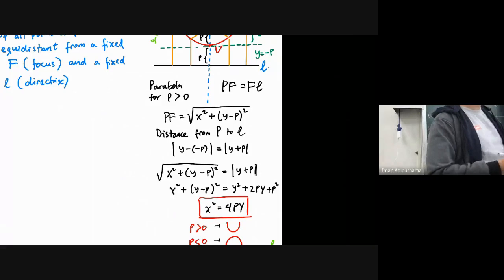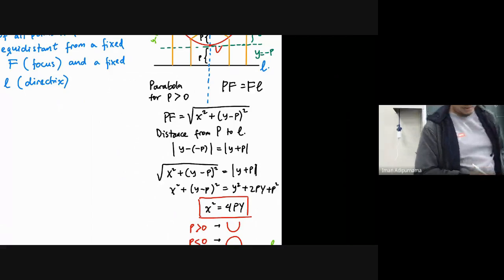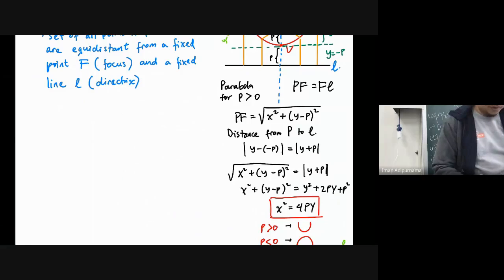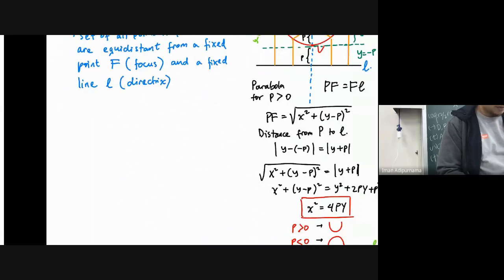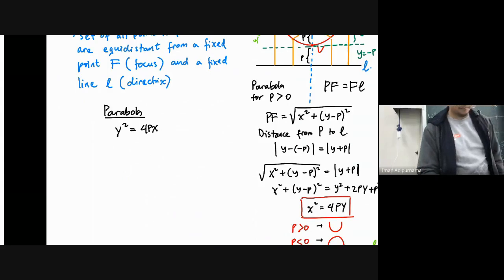Okay, but a parabola is not always this, right? We can also have the left and right. So we will also have the parabola y squared equals 4px.